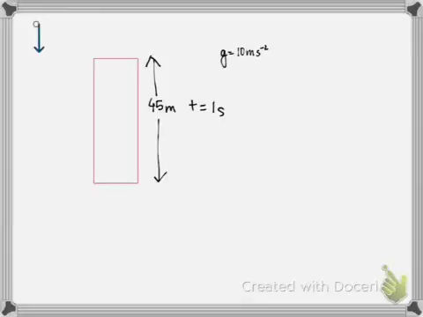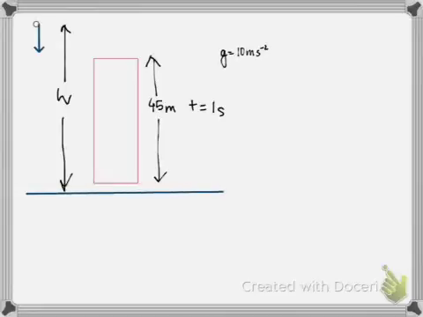So first we take this whole height as h from where it has been thrown. This here is the level ground on which the building is set. So this is h. Now it is said that in 1 second it goes down by a distance of 45 meter, right? So here we need to find h.